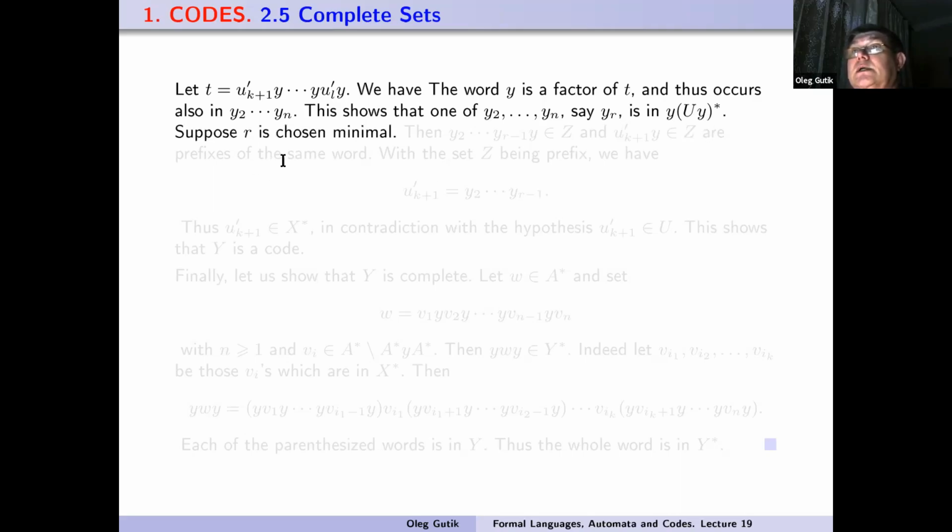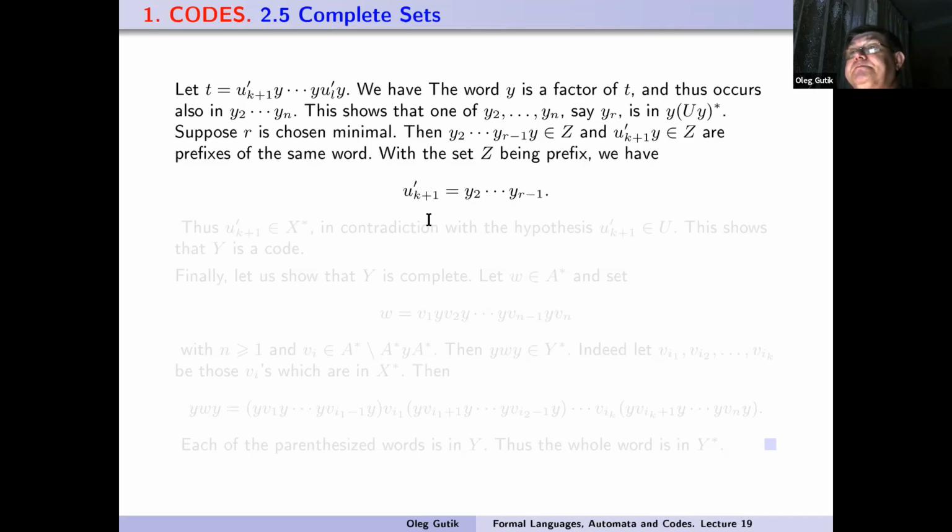Suppose r is chosen minimal. Then y2, and so on, y_{r-1}, y belongs to Z capital, and u prime k plus 1 y belongs to Z capital, and these are prefixes of the same word. With the set Z capital being prefix, we have that u prime k plus 1 is equal to y2, and so on, y_{r-1}.